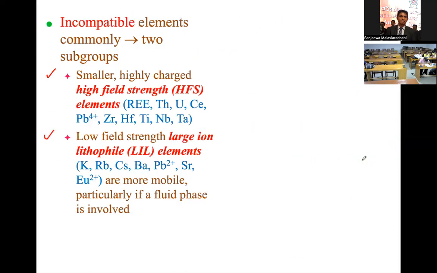So the high field strength elements, usually you can put everything included here: rare earth elements, thorium, uranium, cerium. But very typically, we take the high field strength elements as zirconium, hafnium, niobium, tantalum for ease of interpretation. In fact, if you see the ionic potentials of these other elements, including rare earth elements, they will also fall under the high field strength element group.